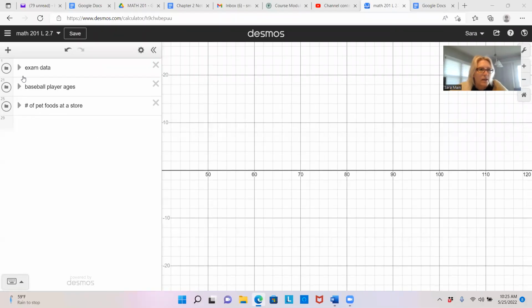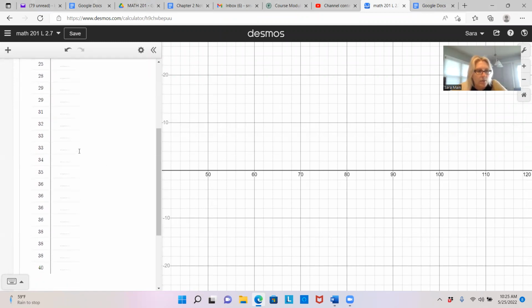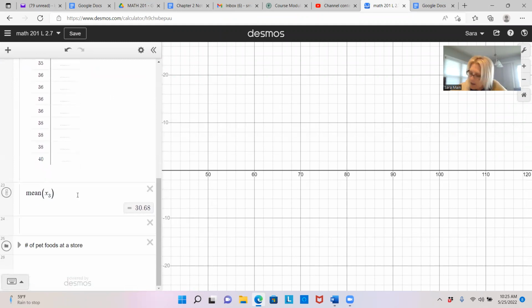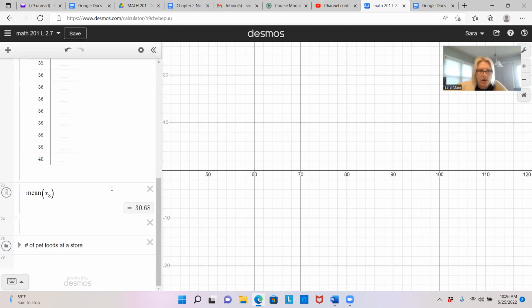So we're going back to Desmos and we're going to click on the baseball player ages. And I've typed in the ages for you. Make sure that you're practicing this. We asked for the mean and standard deviation. So the mean of X3, that's where our data is, their average age. The mean is 30.68.